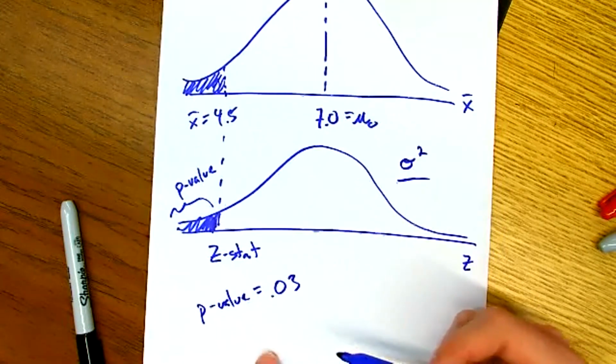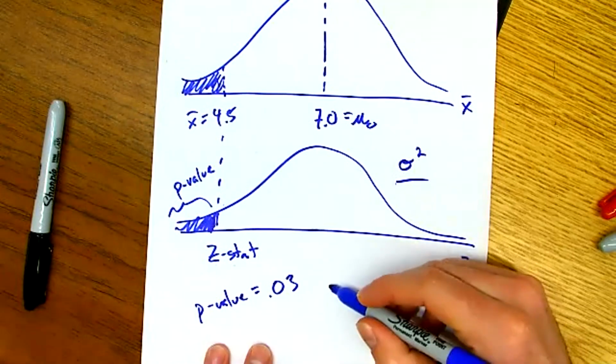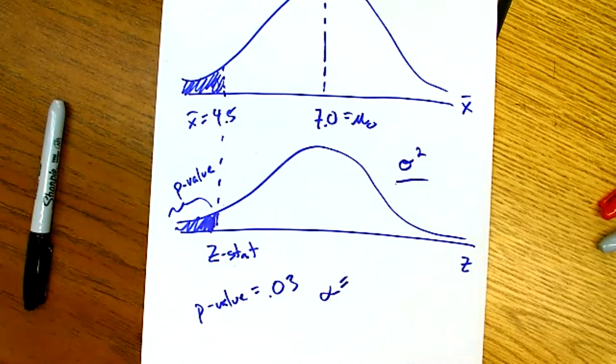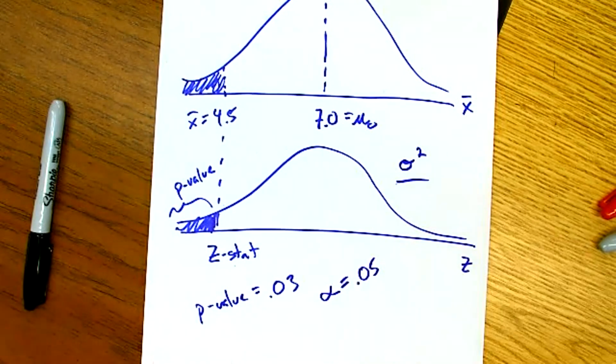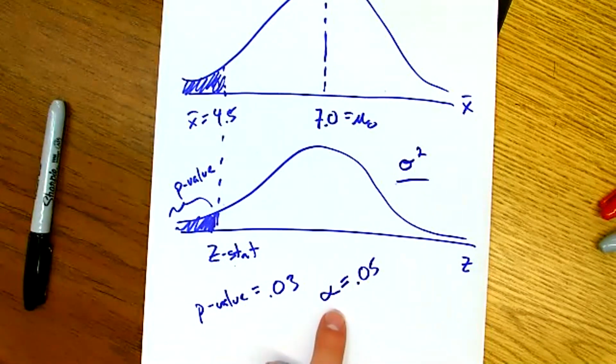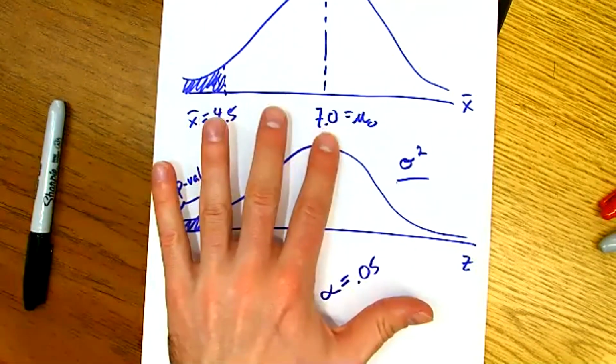So at the very beginning, before I even calculate my z-statistic and find the p-value, what I'm going to do is set alpha, right? I might set alpha to say, I don't know, 0.05. So what that's saying is if I find the p-value is less than 0.05, I'm okay rejecting this assumption, right?